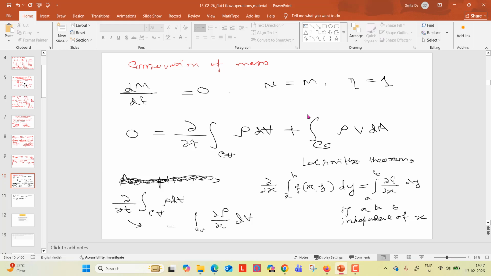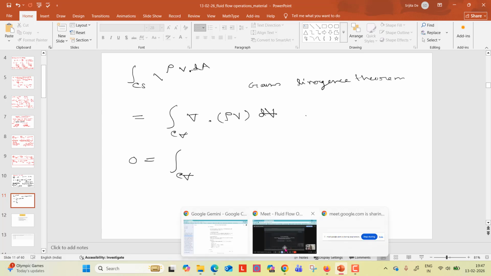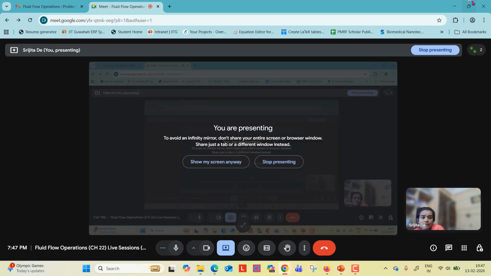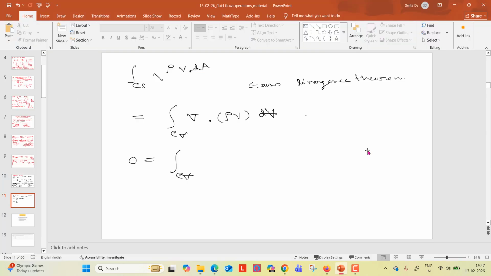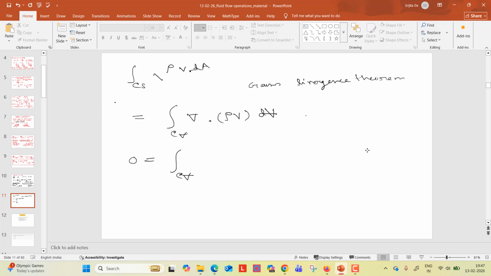It is 0 equals, you can now take the common integral over control volume, of del rho by del t plus divergence of rho V, whole bracket, dV, right?